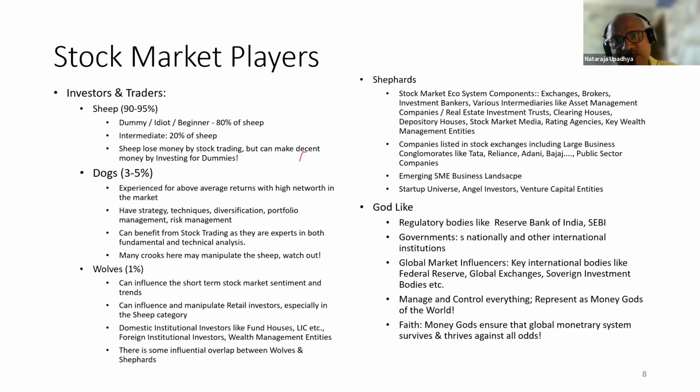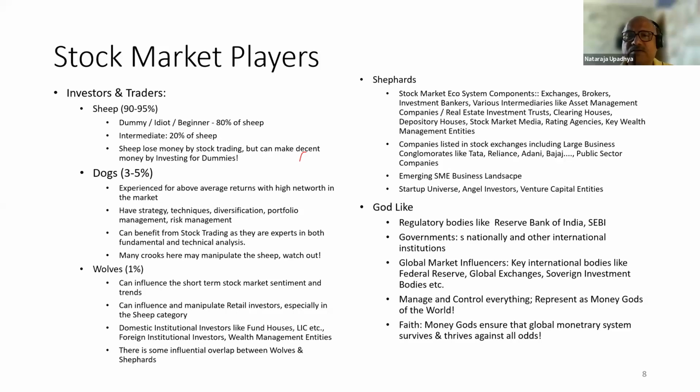There is something more than shepherds. I would call them godlike. They are regulatory bodies like Reserve Bank of India, SEBI, or government, because it can influence through national policies, even some international policies like what the Fed in the US says matters, impacts the global market.